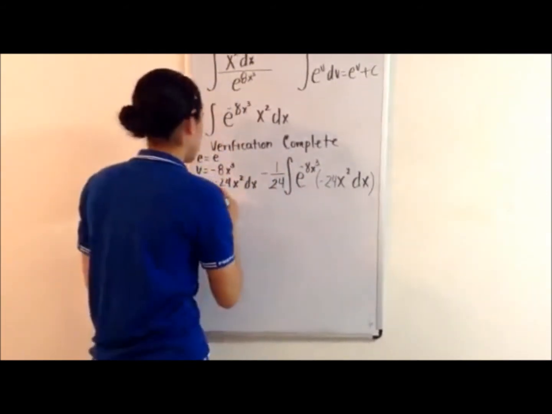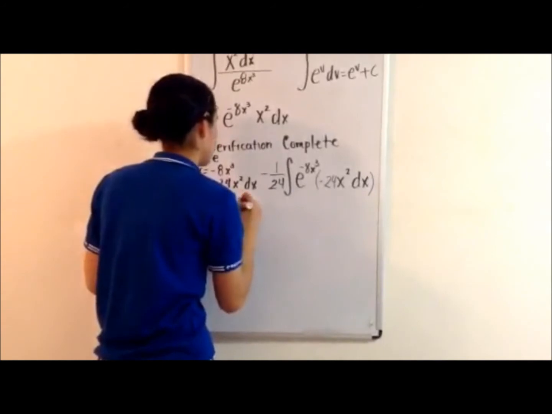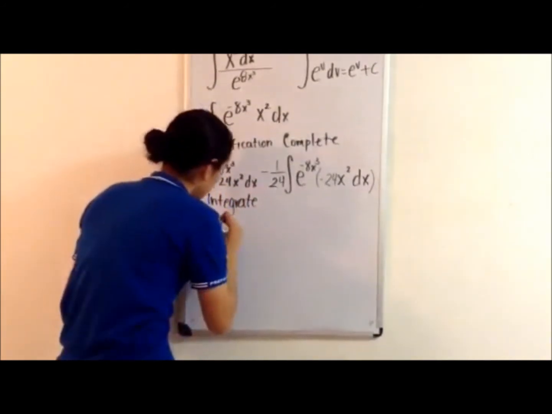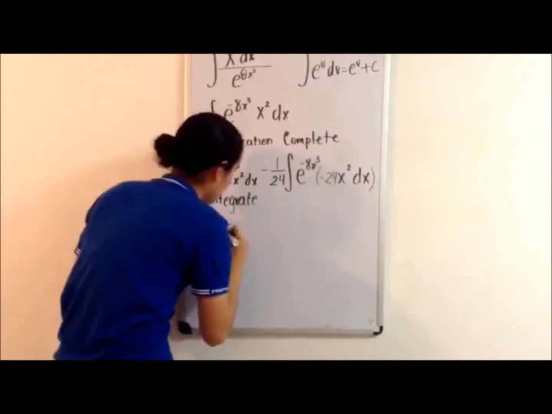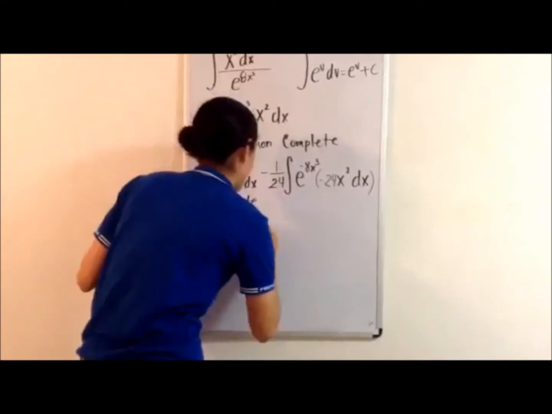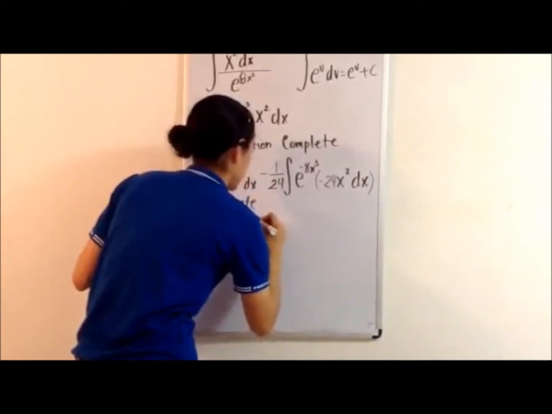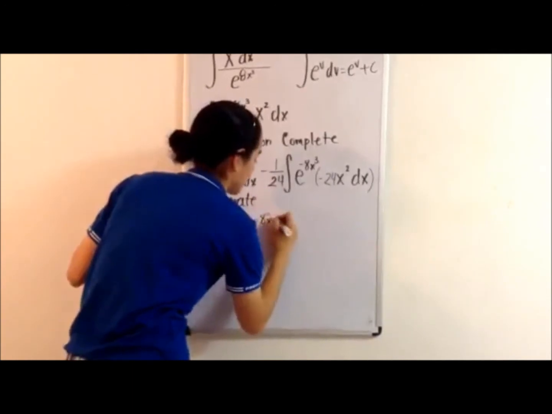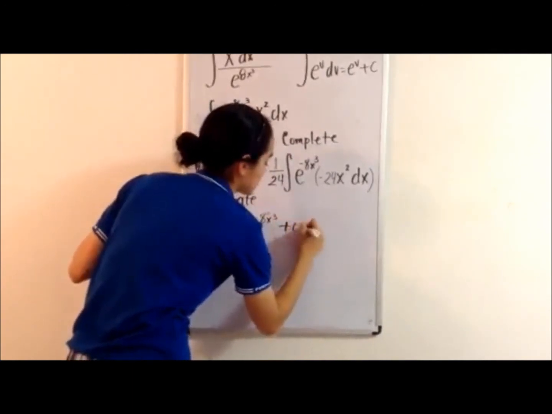Now I am going to integrate minus 1 divided by 24 multiplying e to the b plus c.